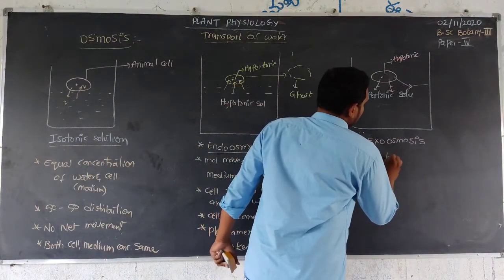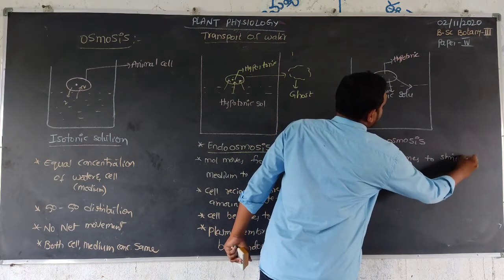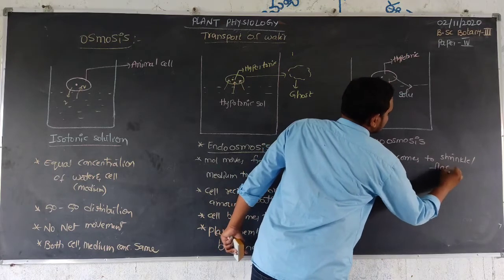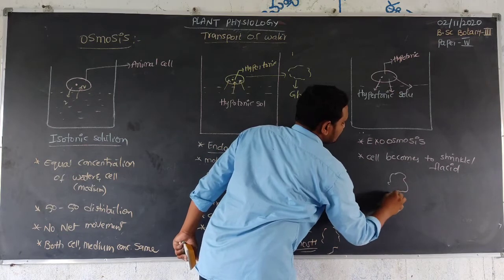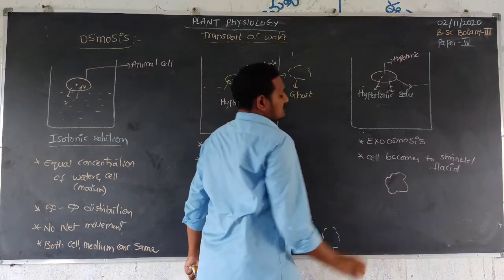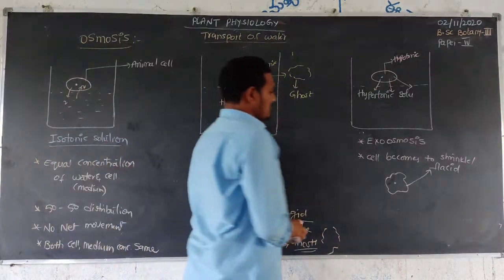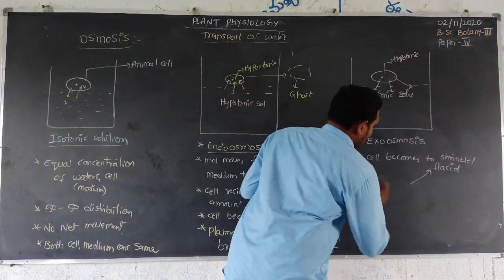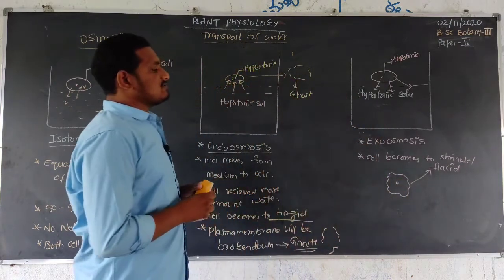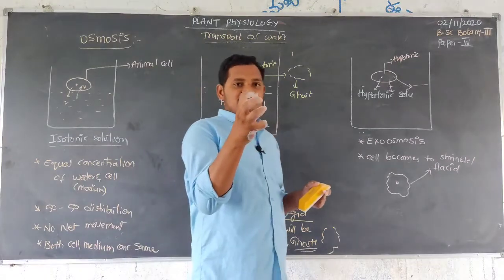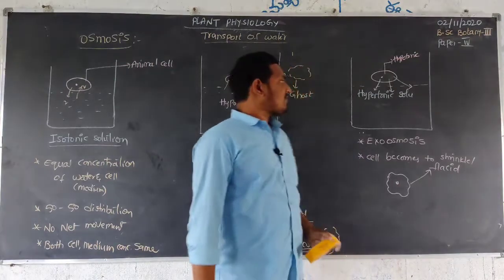Next, as a result of this process, the cell will shrink. The cell becomes shrunken or flaccid. It means this rounded cell changes into this shrunken cell or flaccid cell, as the plasma membrane shrinks. A flaccid cell will be formed.